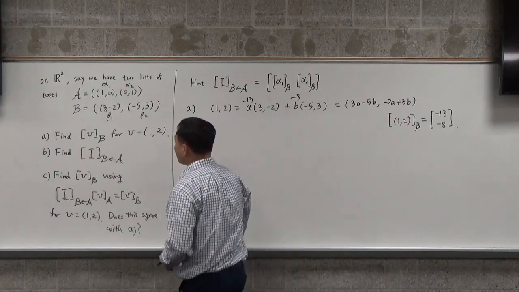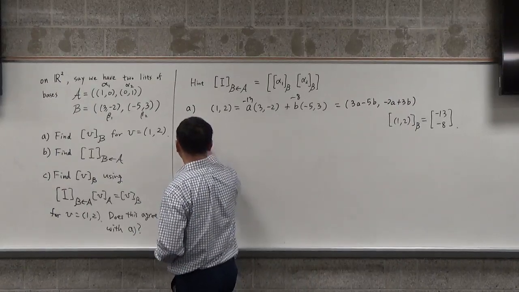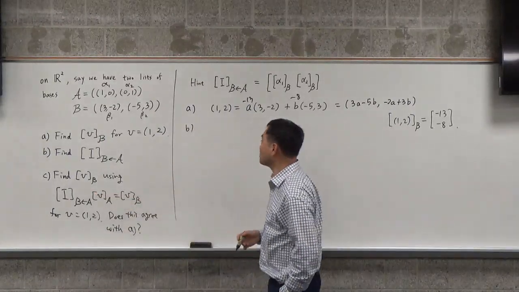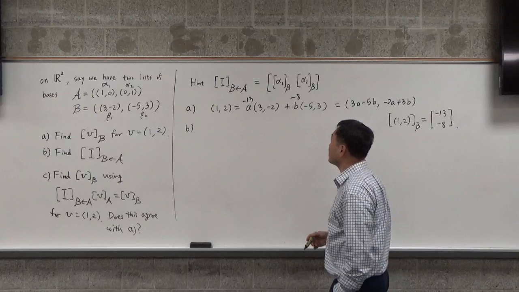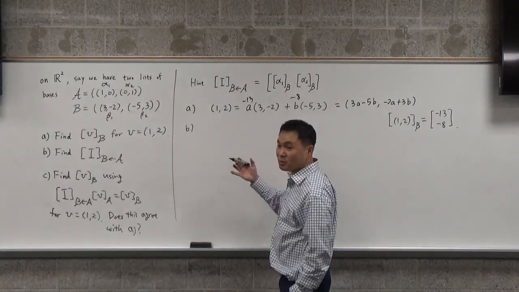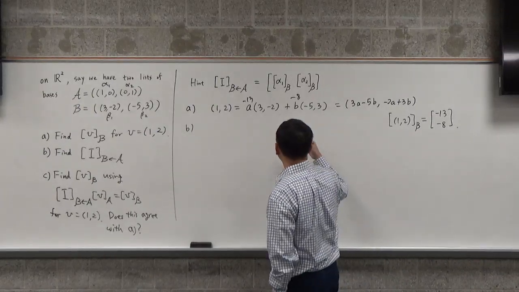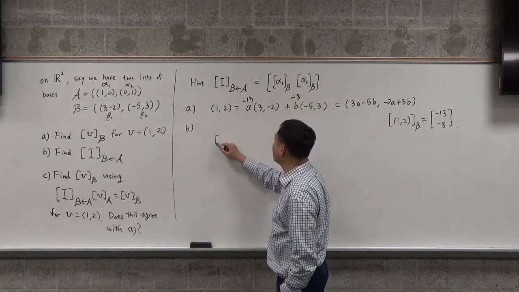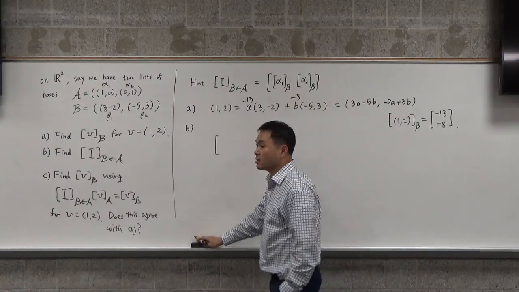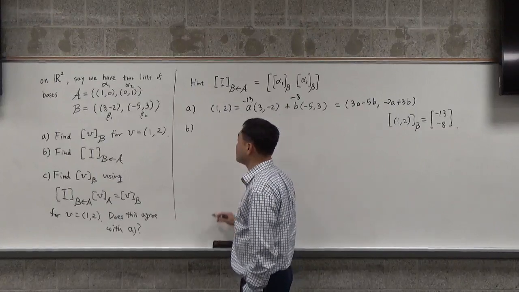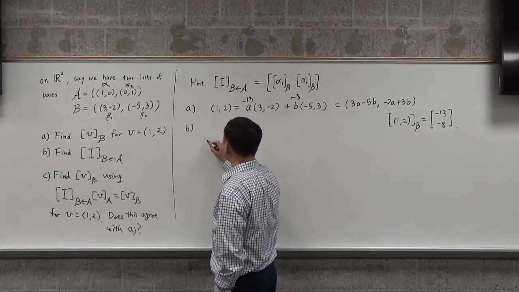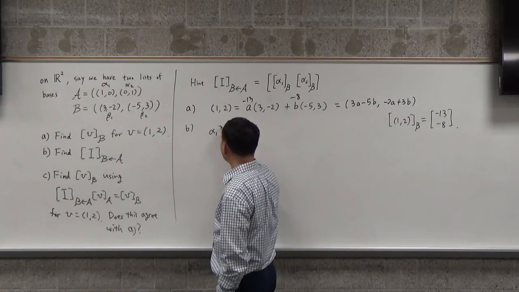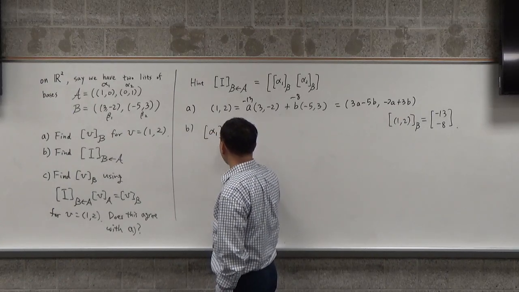Now, parts B and C, we're trying to get the transition matrix and use this to get the same result. Before I move on to do the second thing, let me try to explain why this formula makes sense. First of all, what is alpha 1 under basis A?